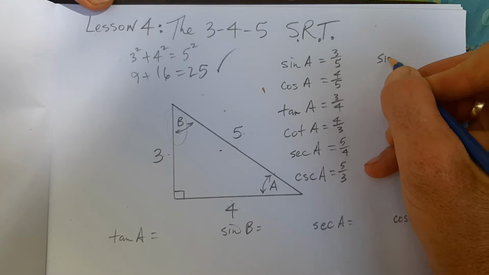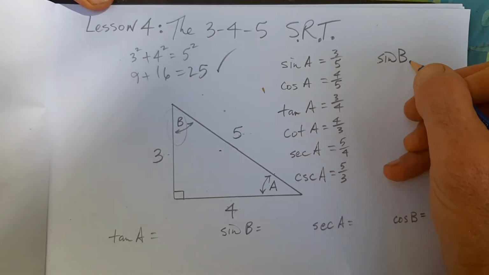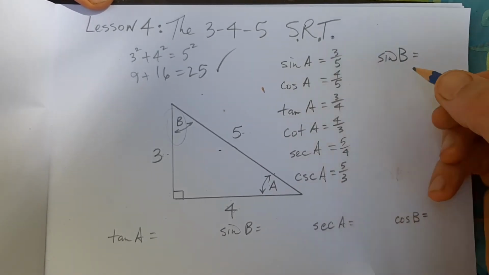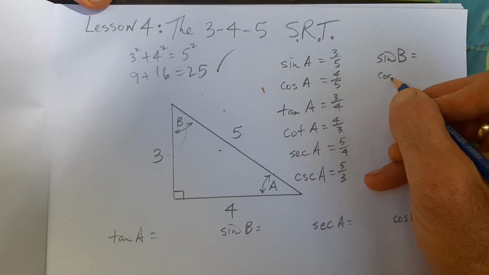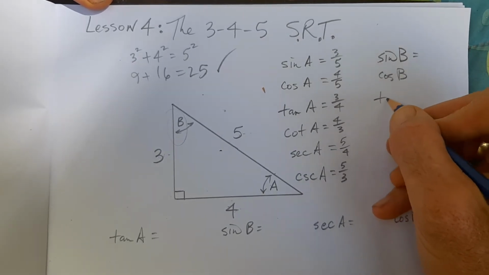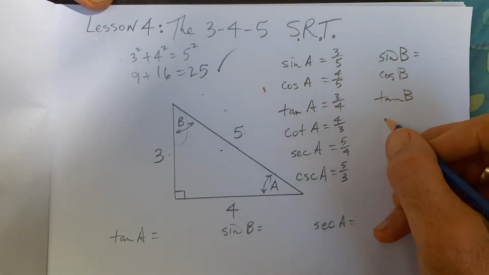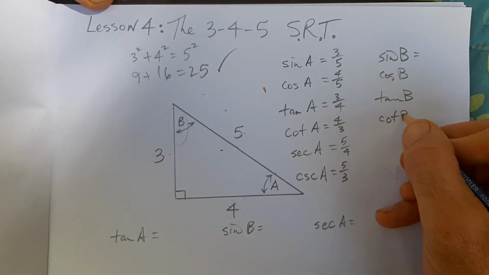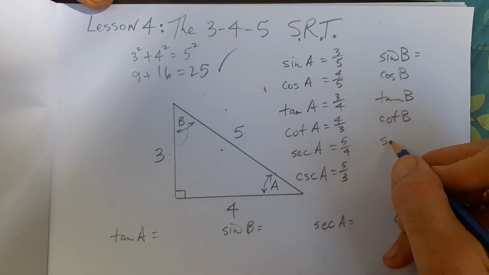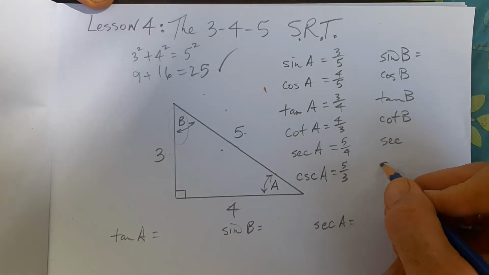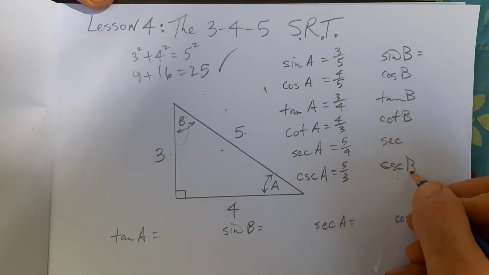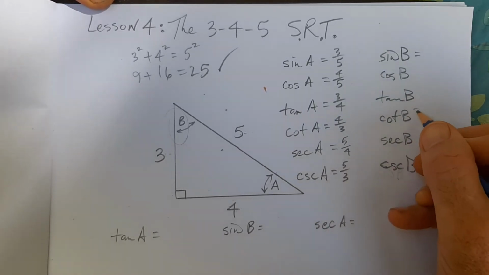So pause this video, please, and do sine, cosine, tangent, cotangent, secant, cosecant of B. Okay, ready? Pause. Then I'll do them.